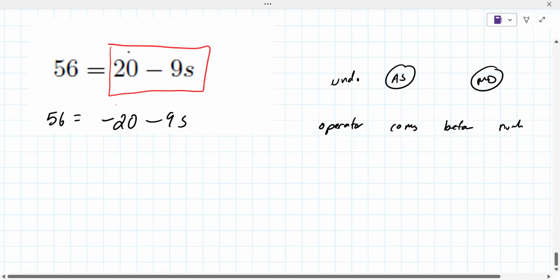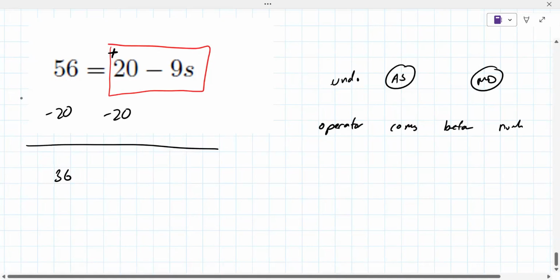If there's no operator, it's implied that it's positive. And then you're right, to undo it, you'd subtract 20 from both sides. Now this subtraction goes with the 9, so it's really negative 9s. And then you divide by negative 9, s equals negative 4, like that.